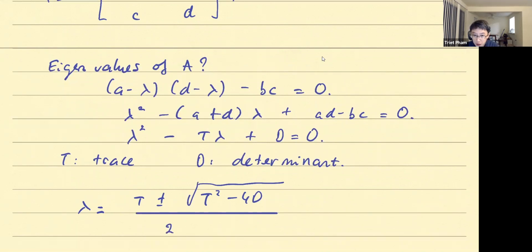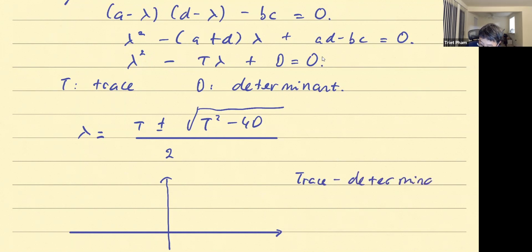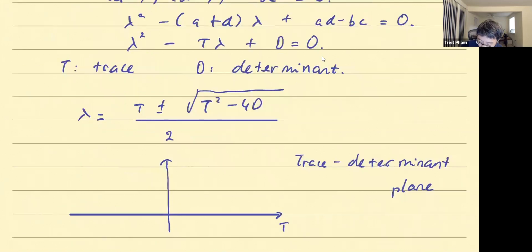And so what do we see? The tool that we use is called the trace determinant plane. Or can we call it TD plane? That sounds like a vaccine. I don't know, TD plane, touchdown. Anyway, TD.